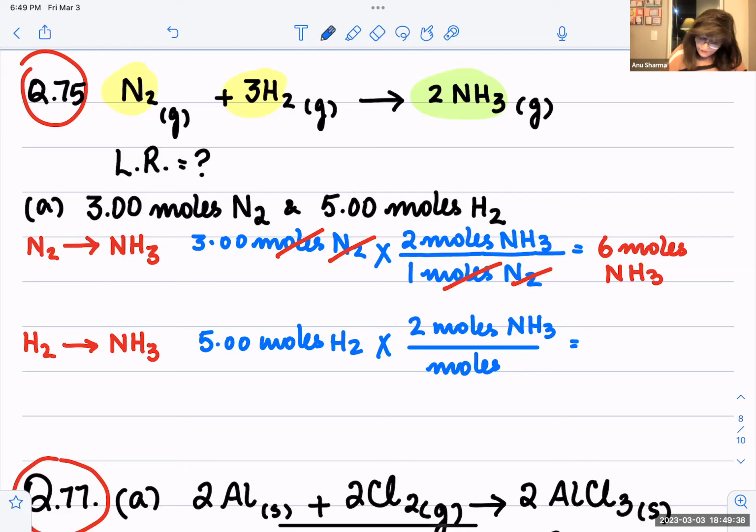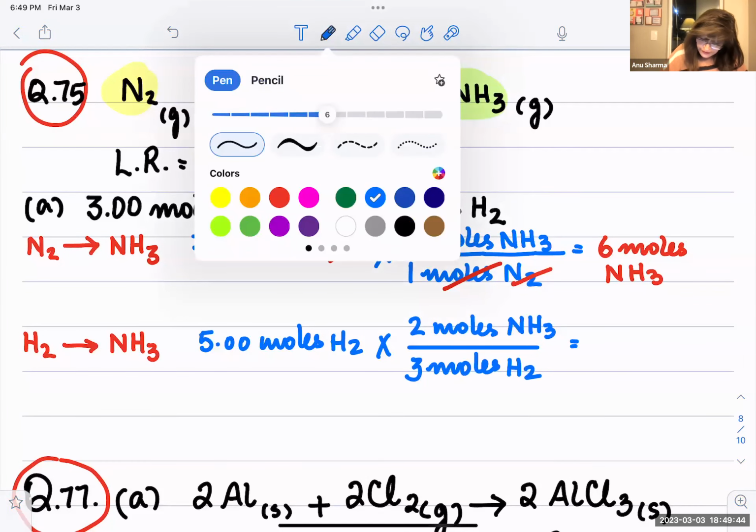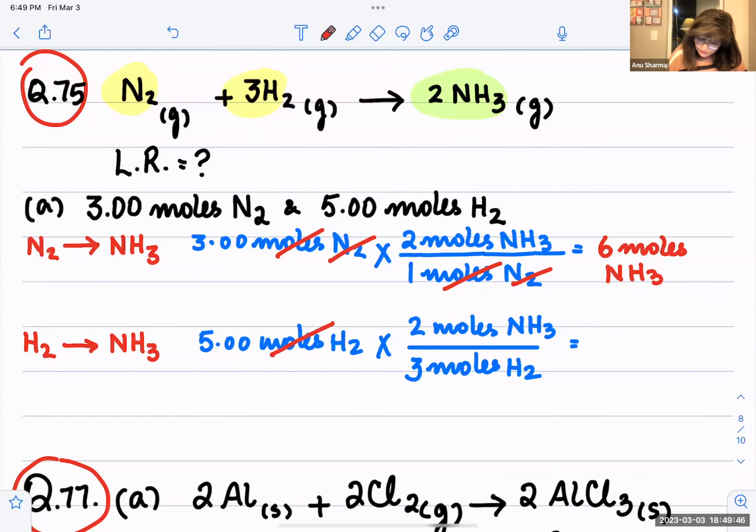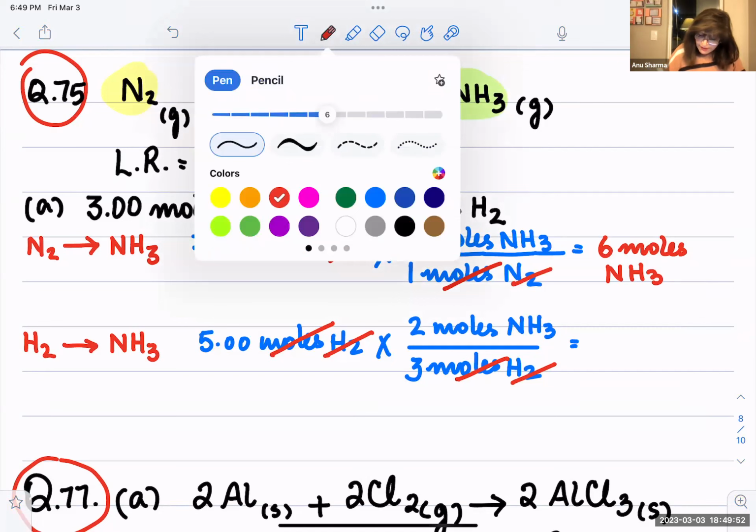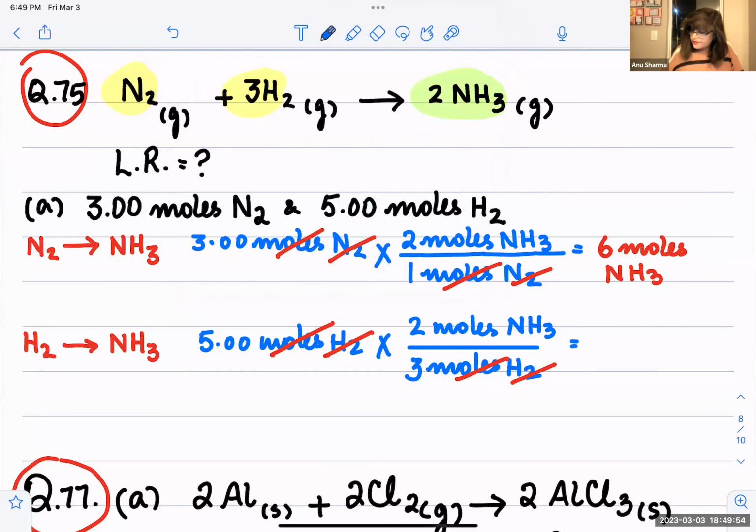So here we have 3 moles of hydrogen. Now you see that the moles of hydrogen and the moles of hydrogen cancel out, and you're just left with the moles of ammonia. So now you multiply 5 times 2, 10, divided by 3.